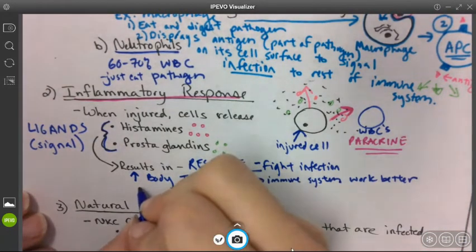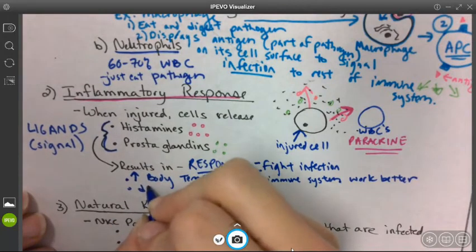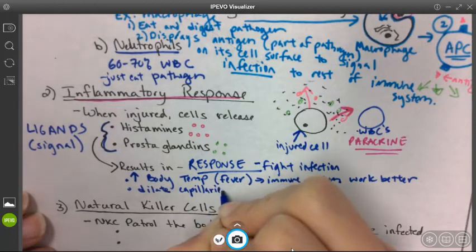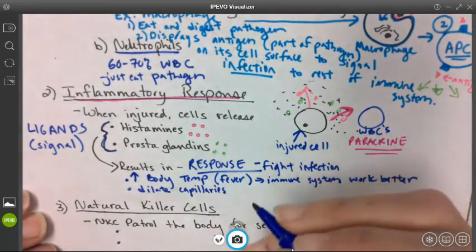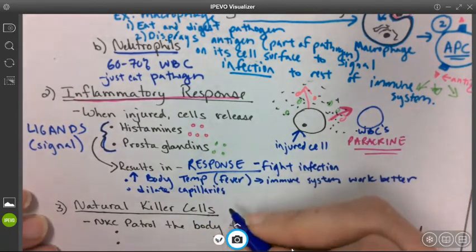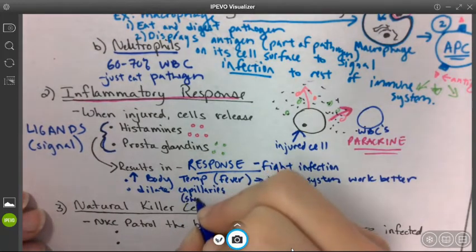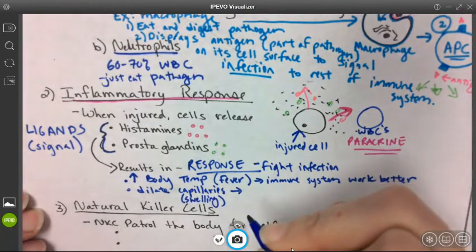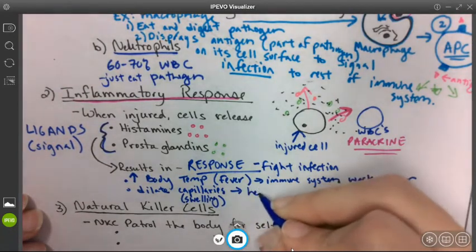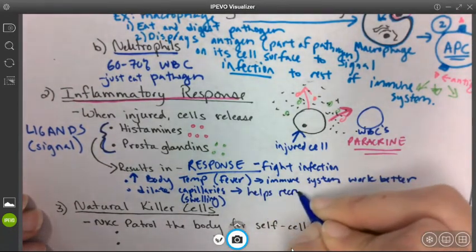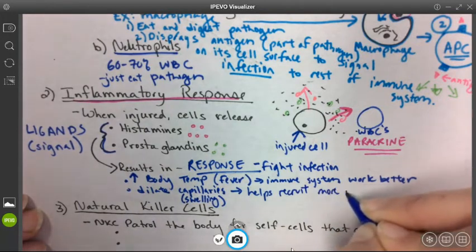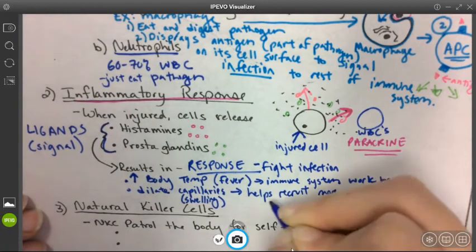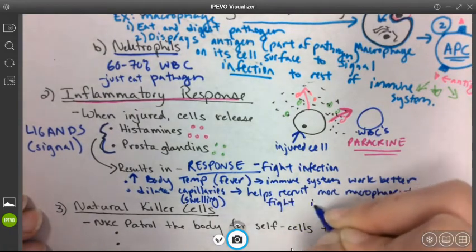Also, it helps dilate your capillaries, and that often causes swelling. When you dilate your capillaries, this is really important because it helps recruit more macrophages to fight infections.